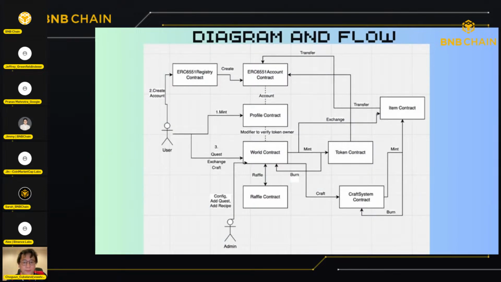This is our diagram and flow. On the left side, the first time a user onboards to our website, they need to mint the profile contract. This profile contract is the NFT used to verify on the world contract that this is a player in our game. After that, they create their account in step two, which is a token bound account linked with their profile NFT.